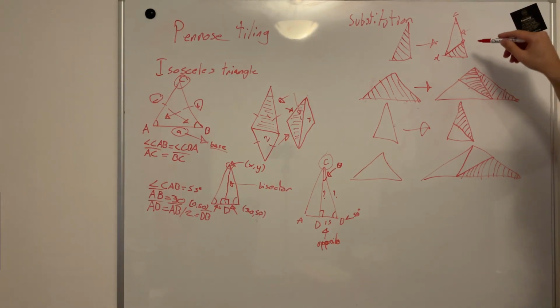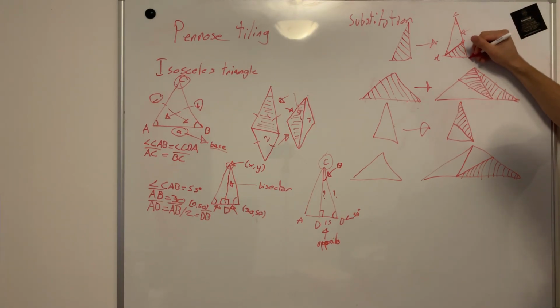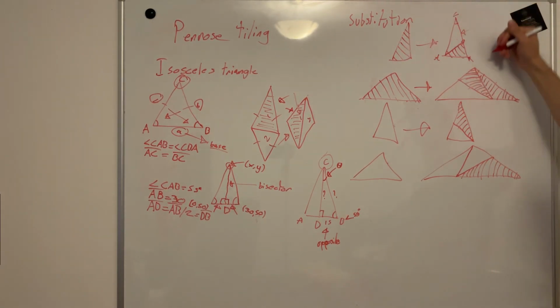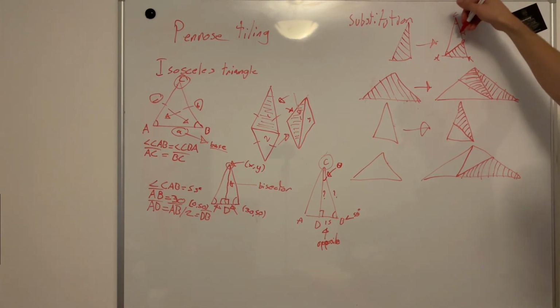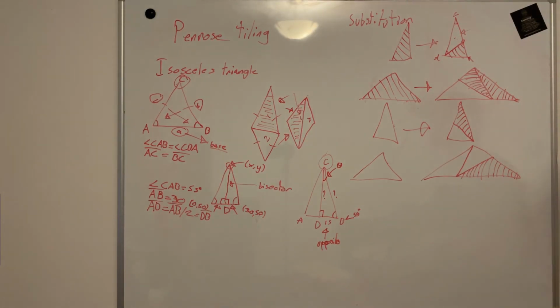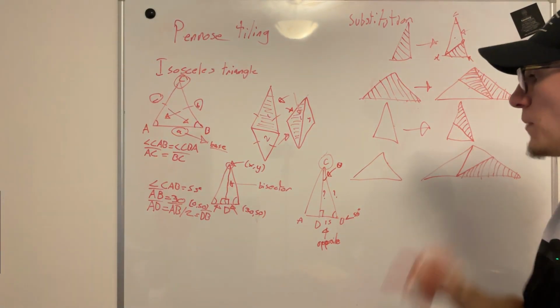And then we can figure it out for this one, which this point, which is the B point of this one, will be the A point of this new one, and this point, which is the C point of this one, will be the B point of the new one, right? And this is the same principle applied for these other three. So that's why we needed to know how to get this C point from that.